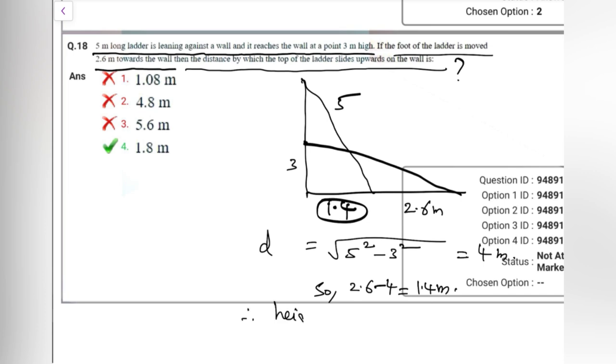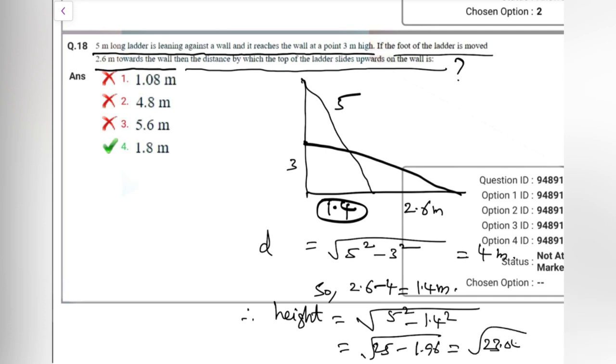Therefore, height is equal to square root of 5 square minus 1.4 square, which is equal to root of 25 minus 1.96, so 23.04, and it becomes 4.8.